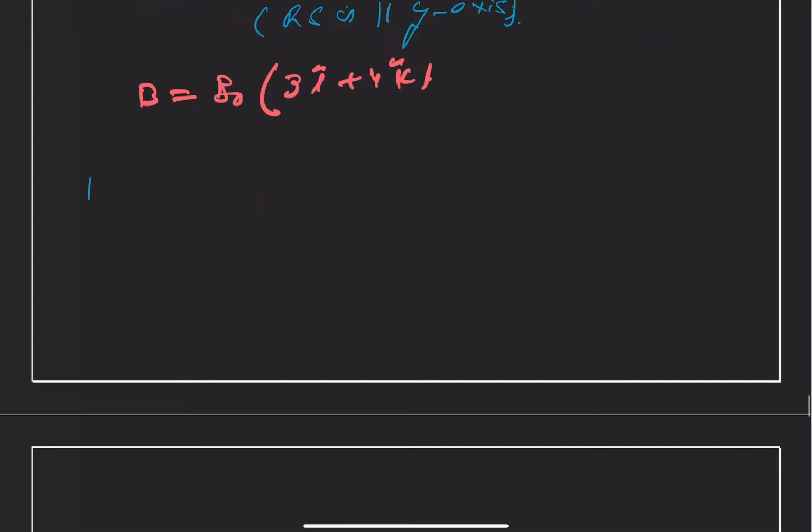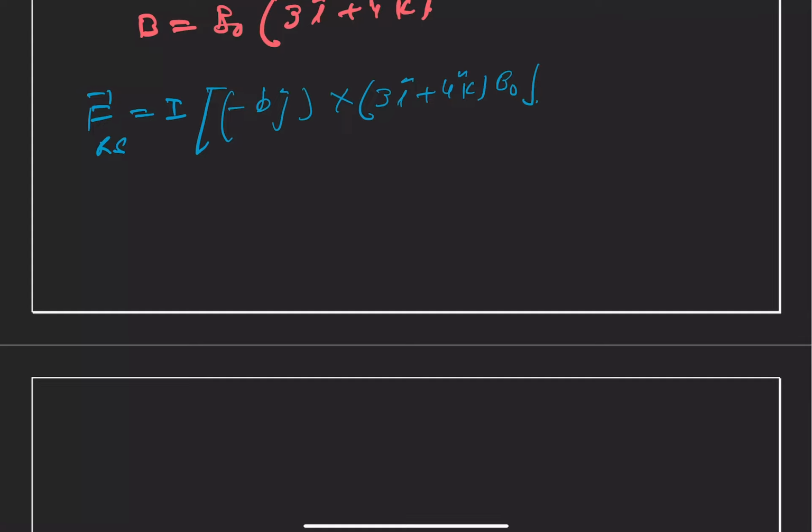Now we substitute the value, then we get force on RS will be equal to I. Here we have minus of j cross 3i plus 4k, and here we have B naught. And we know that j cross i is minus k and j cross k is i.